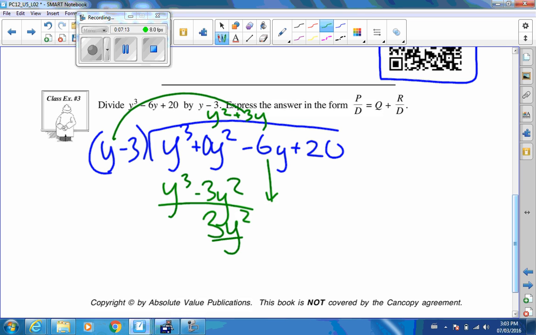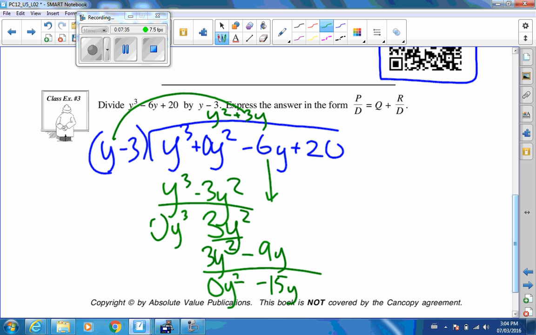So we need a positive 3y to get rid of that 3y squared. It's a little bit like I know an old lady who swallowed a fly. 3y squared goes to here, but then I also create a negative 9y. So 3y squared minus 3y squared is 0. These are canceling each other off. That's a good sign. Negative 6 minus 9 is going to be negative 15y.